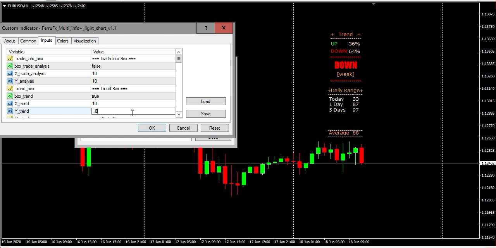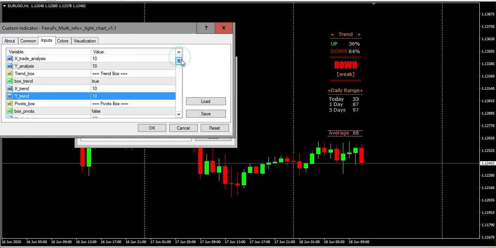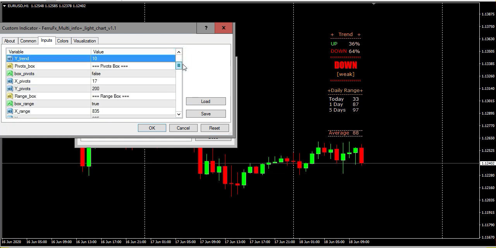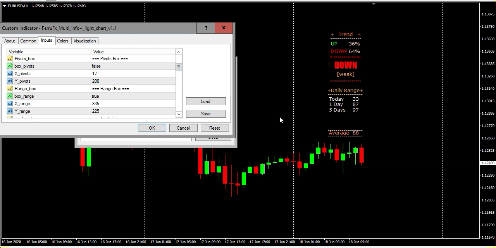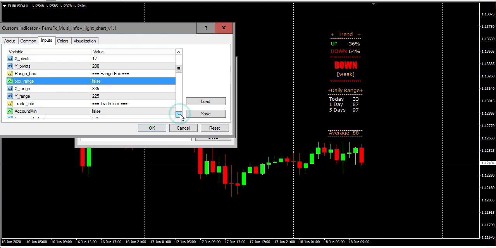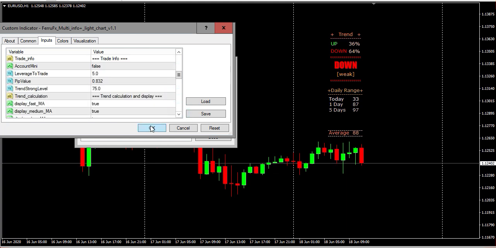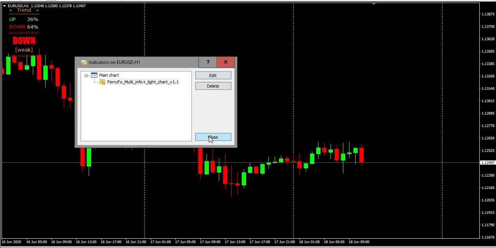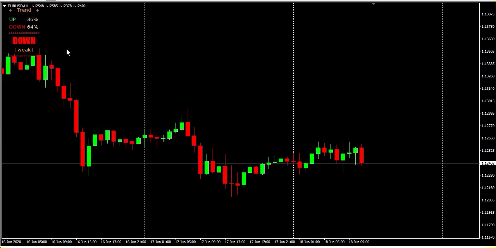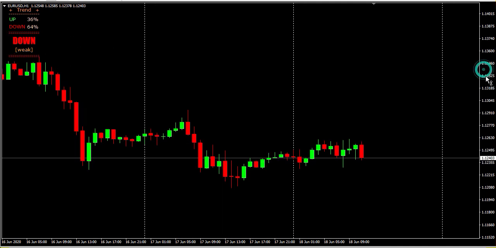And we go down to range box, this is the range, we don't need that, it's going to occupy too much space, so we're going to remove it, set it to false. Then everything's okay, we click OK and then close. Now you can see this has come over here.